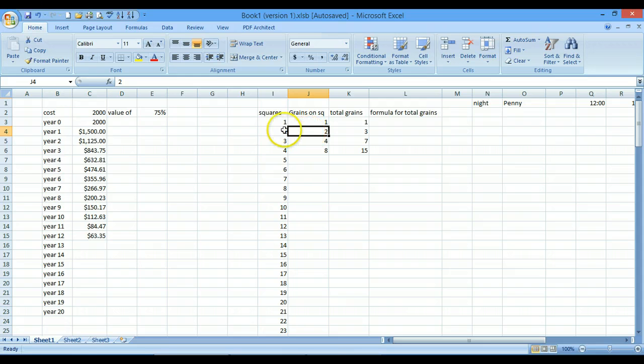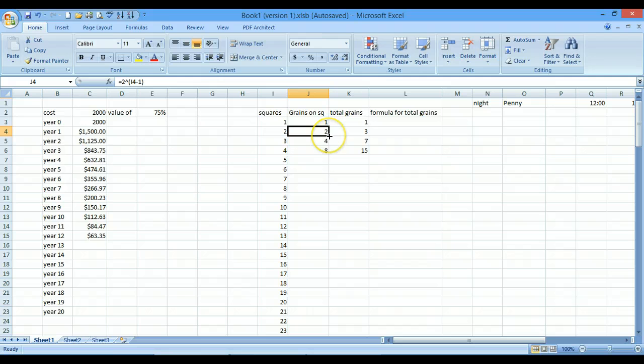And the reason I did that is so I don't have to type in 2. It's already here. So this one I could say equals 2 raised to this square minus 1. Or just click and pull. Because I've already referenced the 2, subtracting 1 will continue to reference that.